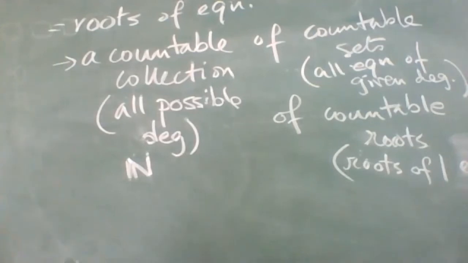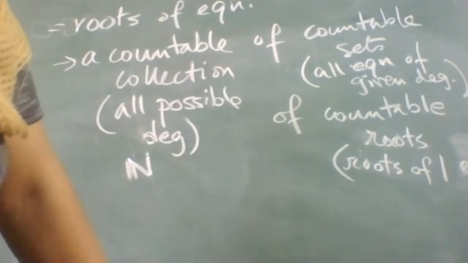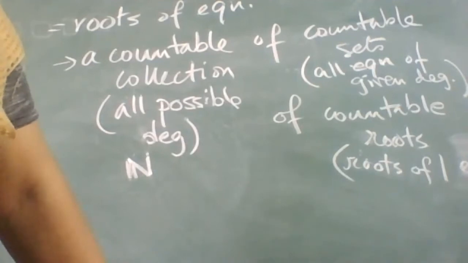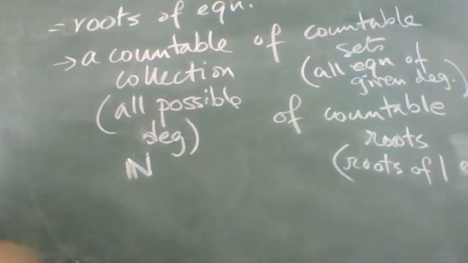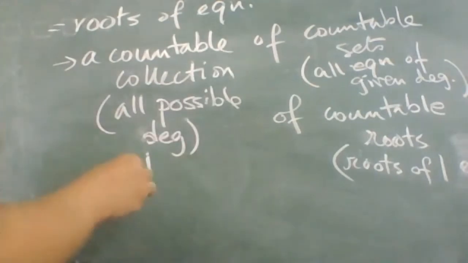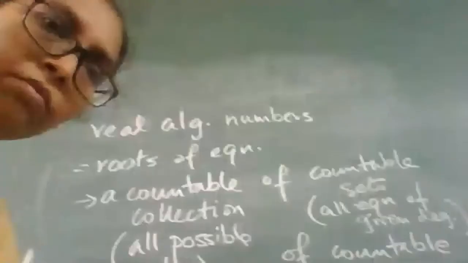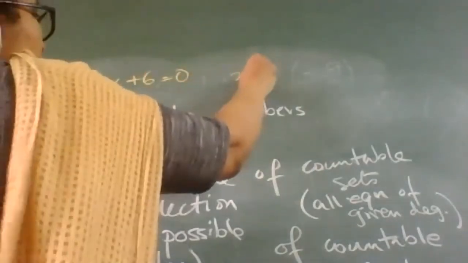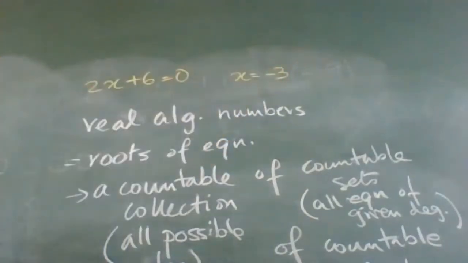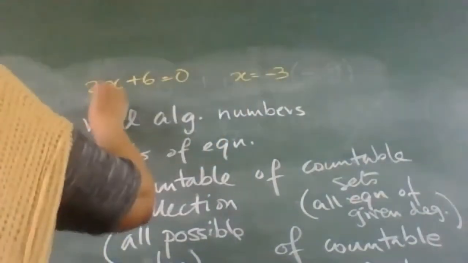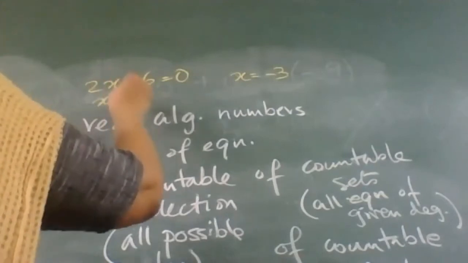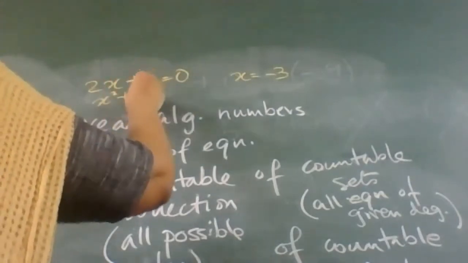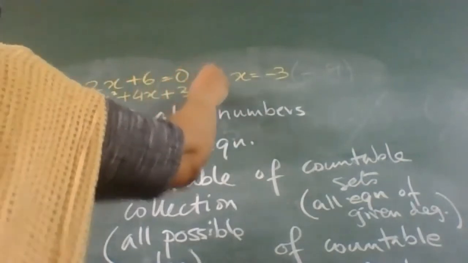And yes, there are roots which are sitting in 2 places possibly. So for example, 2x plus 6 equal to 0. So this row will be occupied by the number -3. And suppose you also have another equation, x square plus 4x plus 3 equal to 0.